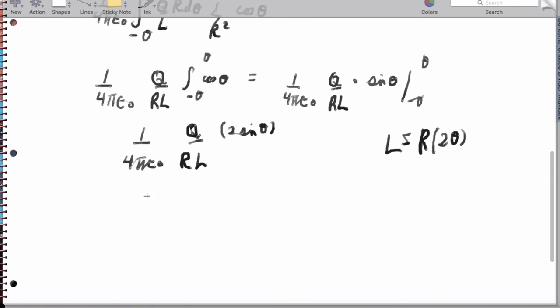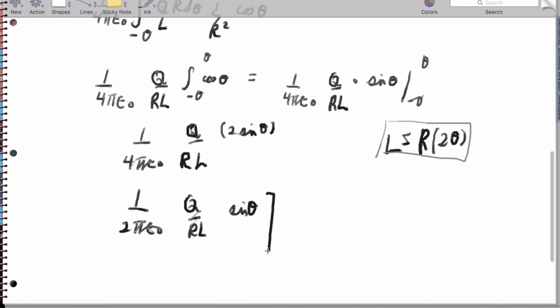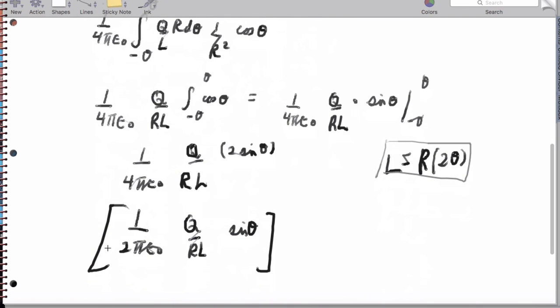I may or may not substitute that in, but I'm going to simplify this and write it as 1 over 2 pi epsilon naught q over r L times the sine of theta, and that is our answer for the electric field.